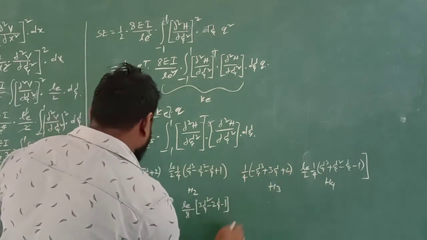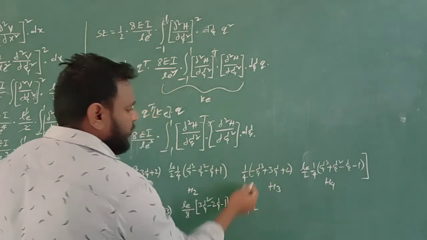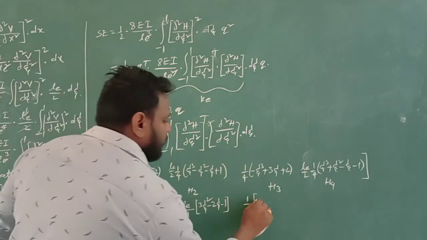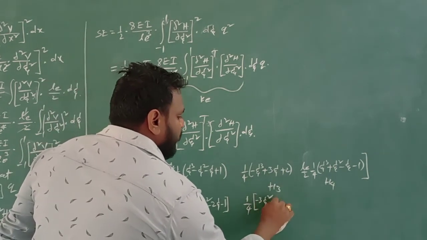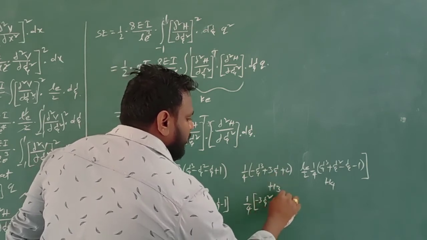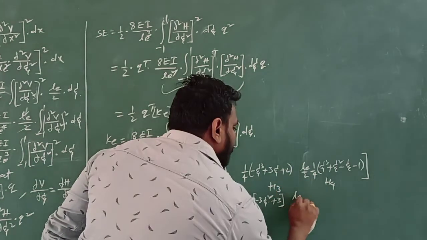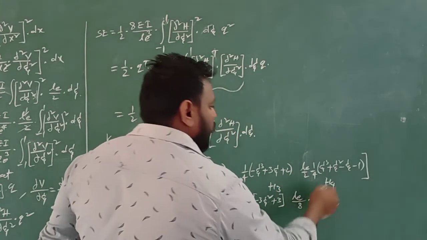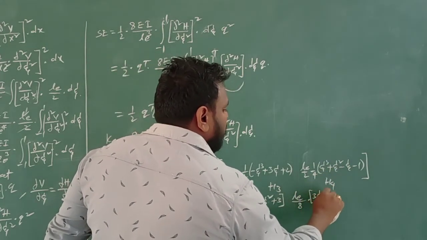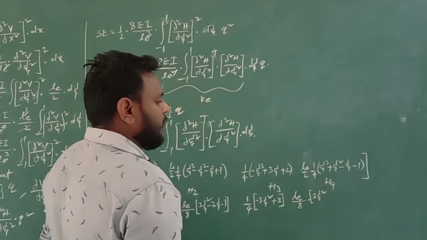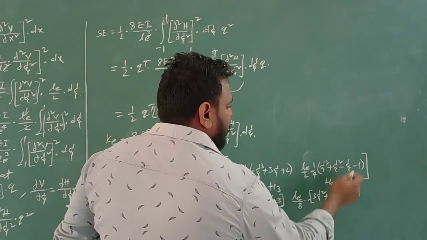So differentiate each and every component. 1 by 4 into, j cube differentiation is 3j square, plus 3j, where the differentiation of j is 1, so only 3 remains. Next, LE by 8 into 3j square plus 2j minus 1.